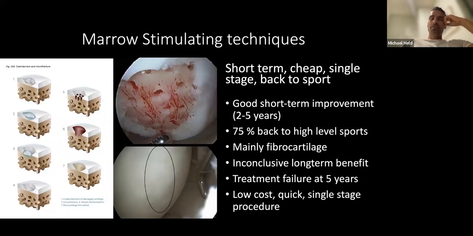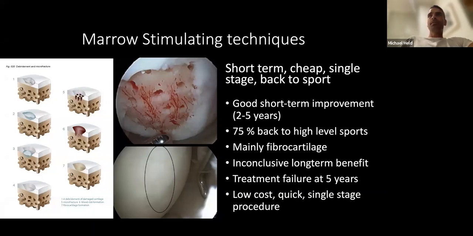So microfracture is basically a stimulation of the bone marrow to produce blood that forms a blood clot and eventually forms fibrocartilage, like we mentioned initially. It's got an acceptable short-term outcome up to 5 years. And you can say about two-thirds of patients, or three-quarters of patients, are getting back to their previous level within those 3 to 5 years.